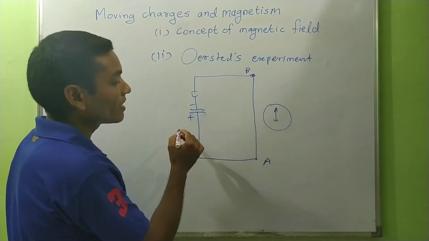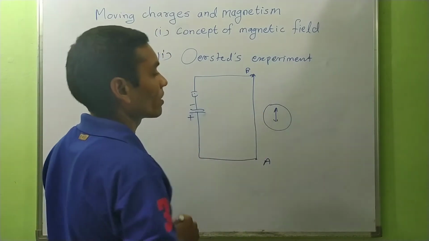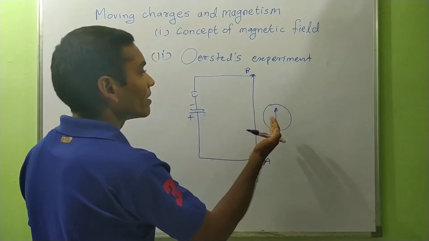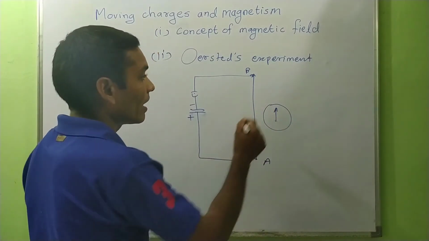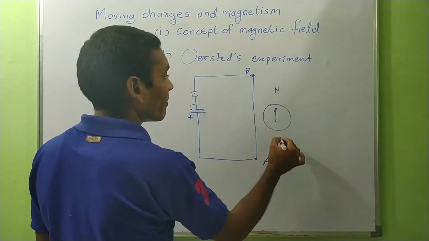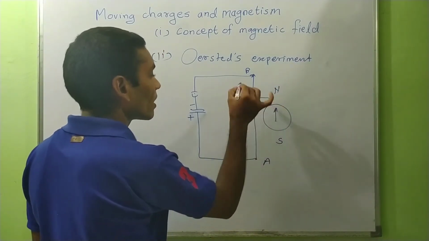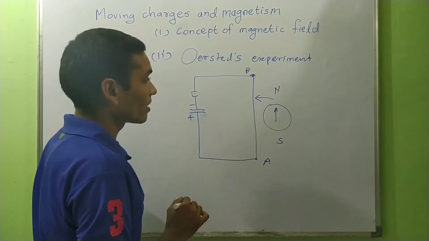If current is made to flow through the conductor, then the magnetic needle deflects, and the deflection of the magnetic needle is towards the current carrying conductor.